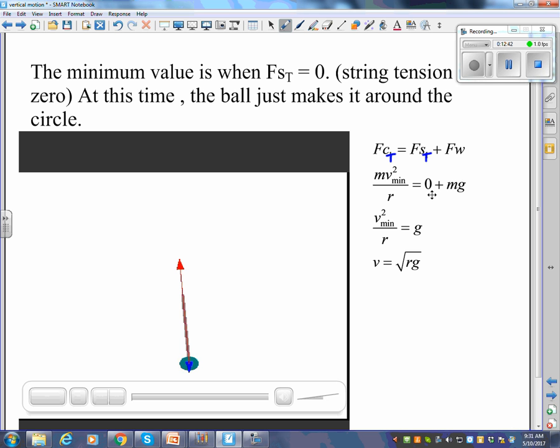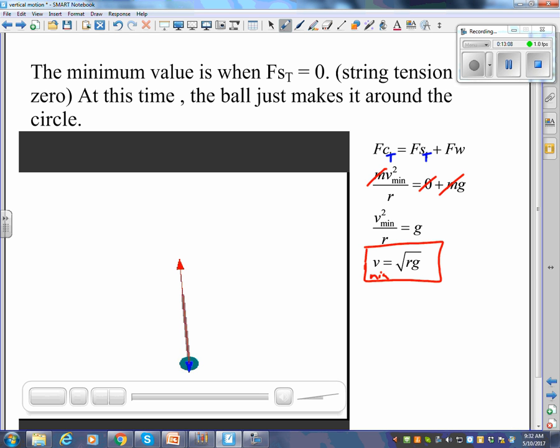Which means that the centripetal force, mv min squared over r, is equal to 0 plus mg. The 0 disappears. What else also disappears? The m's, and you're left with v min squared over r is equal to g, which you can rearrange to this formula right here. I just derived a new formula.